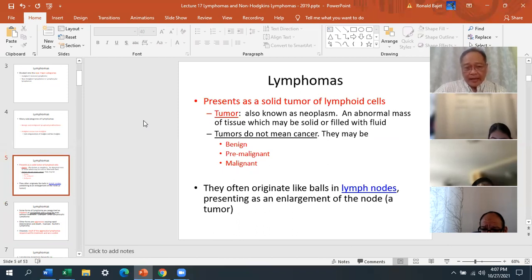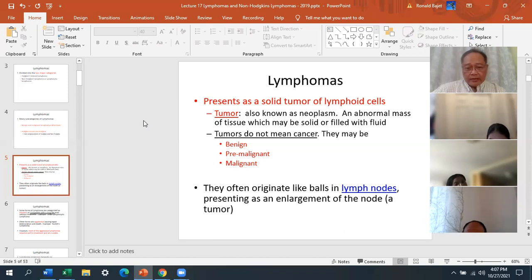Okay, and when the doctor tells you that you have a tumor, at first you're going to think something bad, but it does not necessarily mean that it's bad, especially if it's early on. So tumors can be benign, it can be pre-malignant, and then ultimately it can be malignant. But by definition, the tumor itself is not necessarily cancer, okay? It can turn into a cancer. So just to make sure you know what a tumor is.